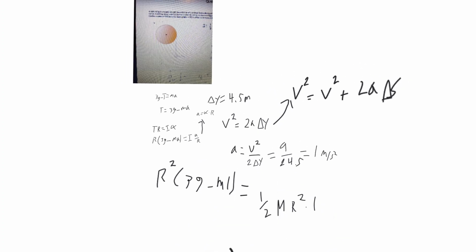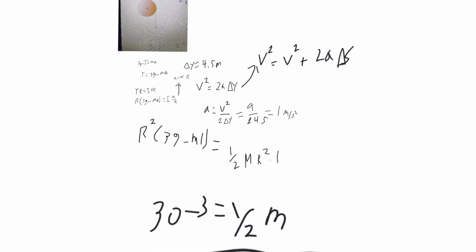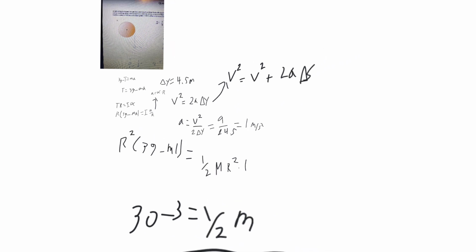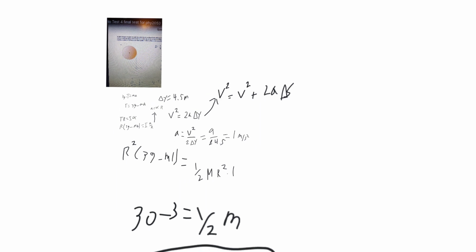We also know that the change in y is going to be 4.5 meters. That's how much it fell, and the velocity is this much. The v squared we get from this equation here: v squared is equal to v initial squared plus 2a times the change in distance.